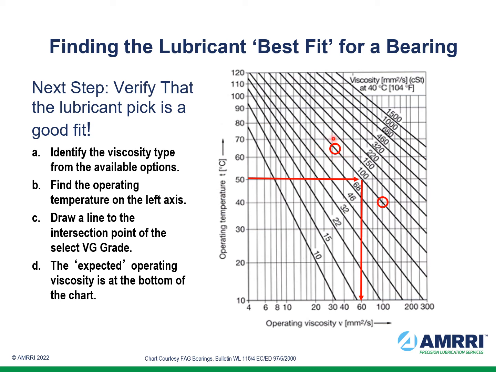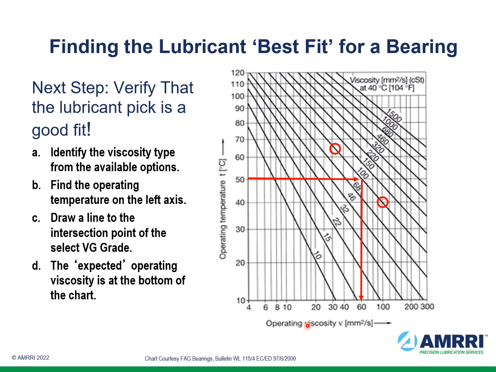So we identify the diagonal viscosity line 100. We plot the temperature at 50 degrees C on the chart, moving from left to right. Where we bump into the diagonal 100 viscosity line, we drop straight down, and that tells us what our working viscosity is at that 50 degrees C temperature.